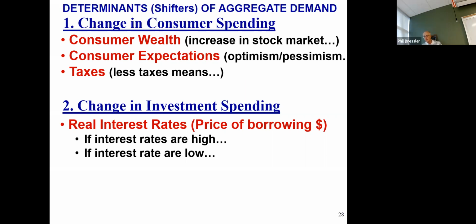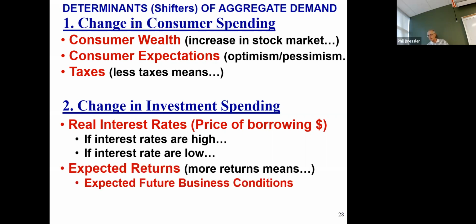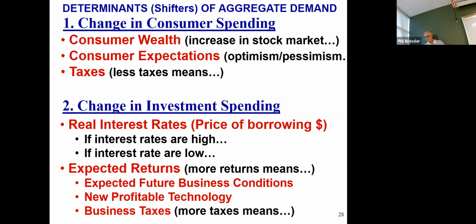Interest rates low, investment spending up. Now, if business taxes go down, investment spending increases. Why? Because businesses have more money, so they'll invest and buy capital or equipment or things like that.